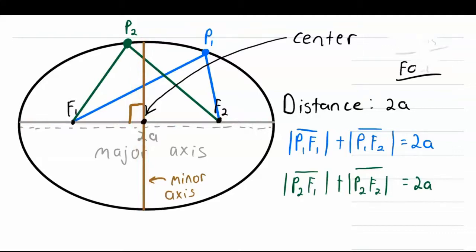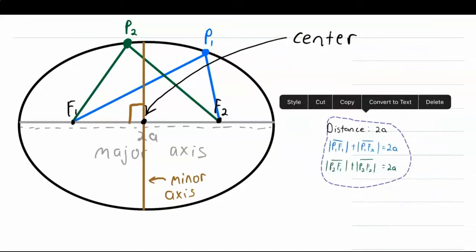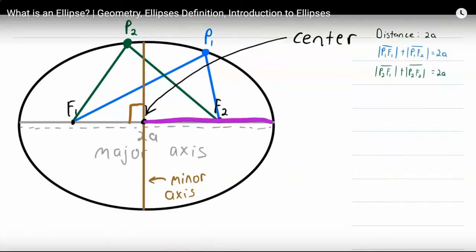Alright, there's really just two more quick things we've got to talk about. I'm going to clean up some of this stuff on the side so that we have a little bit more room to work with. Shrink this down, put it over there. If we just consider half of the major axis, we have a special name for this. These are also names that you don't need to know. The semi-minor axis and the semi-major axis are not terms that you need to know.